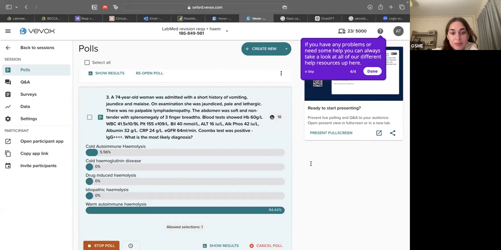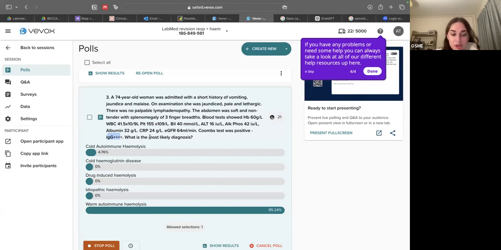Okay, excellent. So the answer is warm autoimmune hemolysis. For those of you who answered cold autoimmune hemolysis, essentially the difference in this question stem was this bit here about IgG testing. So if the question tells you the Coombs test was positive above 37 degrees, then it's this one, warm autoimmune hemolysis, and it's IgG mediated.